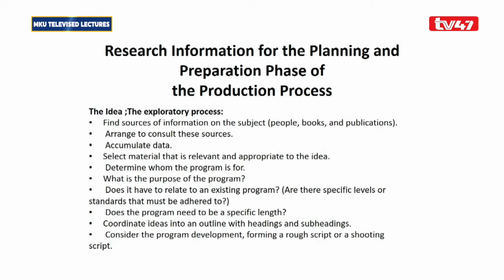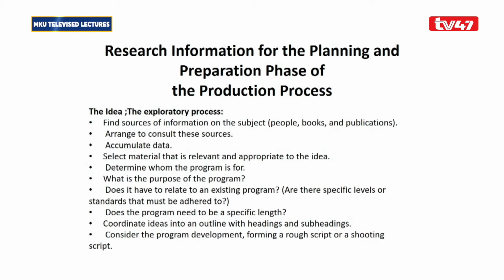So the first stage that we were talking about was the idea. And this requires you to find sources of information on the subject. So here you are supposed to make sure that you get more information based on the idea that you have. And where can you get that? You'll have to go to the library where we have books. You'll have to consult some publications, maybe online from different journals.